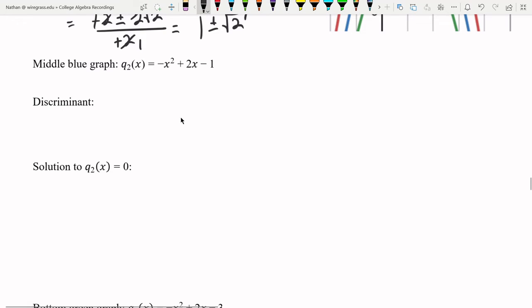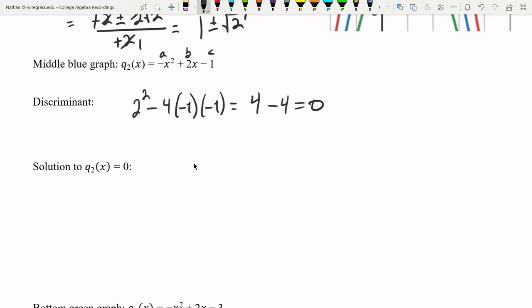Let's test that with the discriminant, right? A, B, and C. C is now -1. So b squared minus 4 times A times C. It's going to be 4. This is going to be -4. Gives us 0.